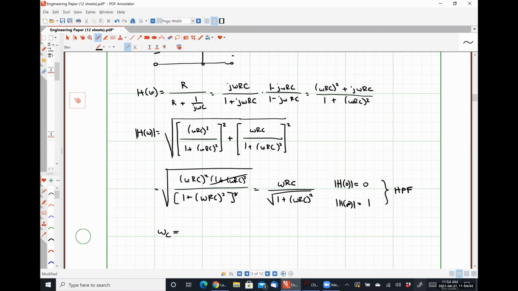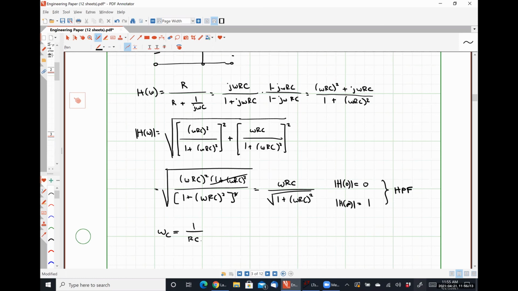So we should have the exact same cutoff frequency, which makes sense because we have the exact same components. For these simple filters, we should see that our cutoff frequency is the reciprocal of our time constant for our circuit.